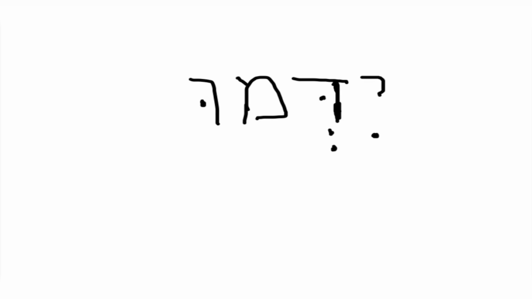Now we're going to notice that a lot of these words have the חירק at the beginning of the word. And we will also incorporate the rule that we learned today. Let's look at this word.